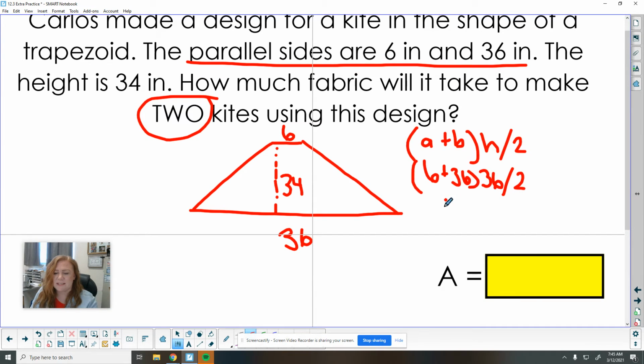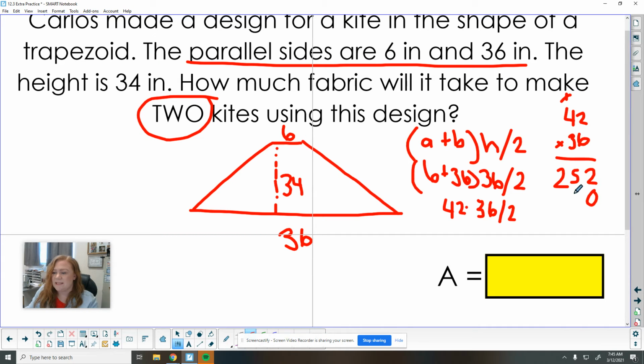So 36 plus 6 is 42, and we'll multiply that by the height of 36. So 42 times 36. If you have not done that, go ahead and pause and do that. So 6 times 2 is 12. 24, 25. Placeholder.